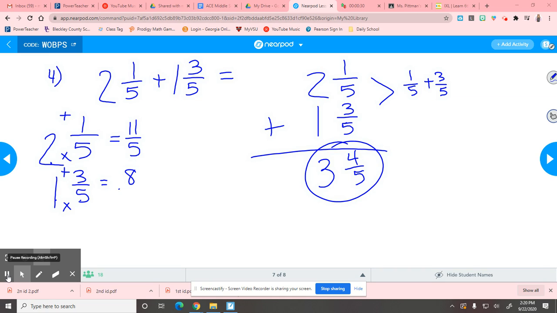It gives me 8/5. 11/5 plus 8/5 gives me 11 plus 8 is 19. Now it's improper, so I have to divide 19 divided by 5. It can go in there 3 times, 4 left over.